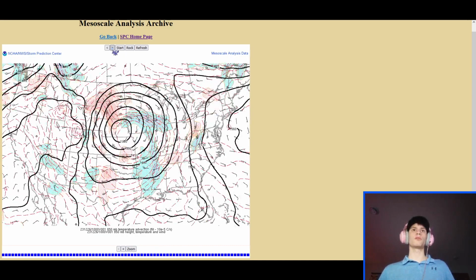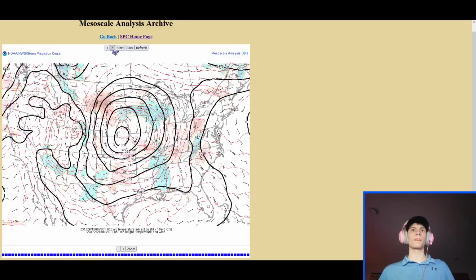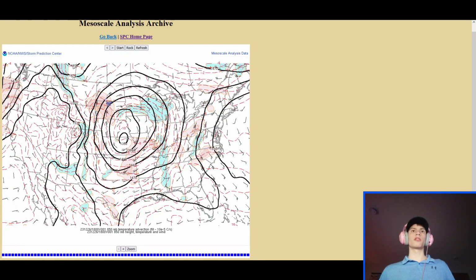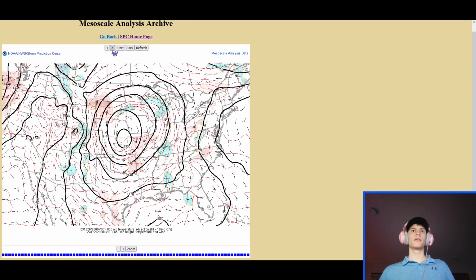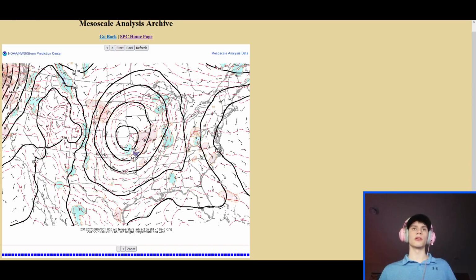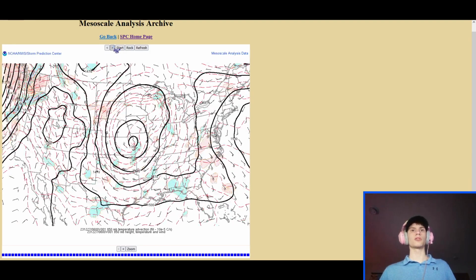But if we continue in time, all the transport just went away. And now you can see it begins to weaken. There's not as many lines, and the numbers tell you that it's a lot higher than it used to be.